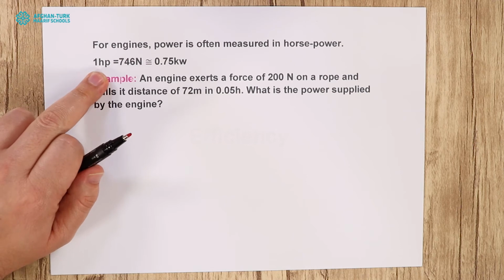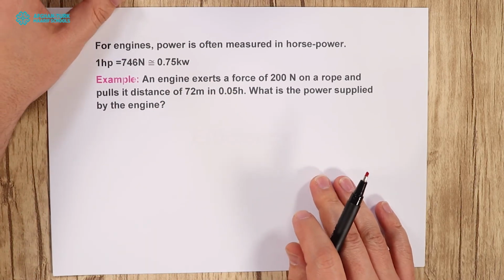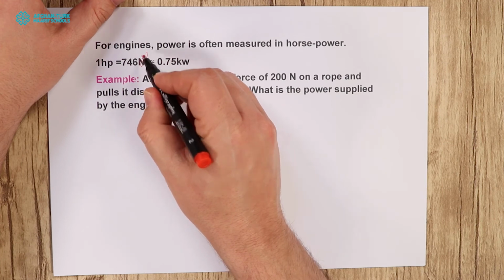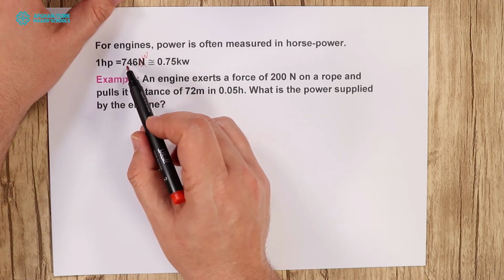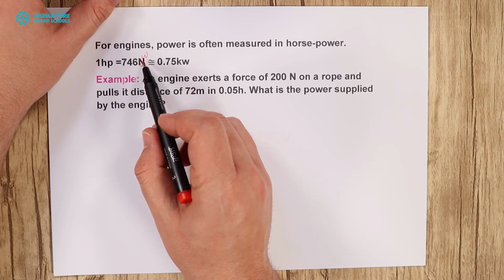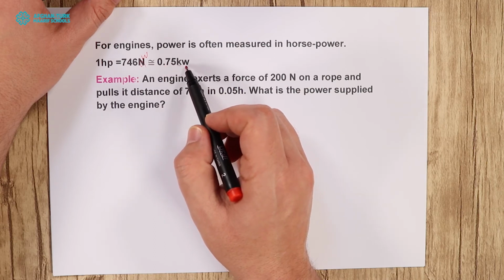One horsepower is equal to 746 watt, which is approximately equal to 0.75 kilowatt.